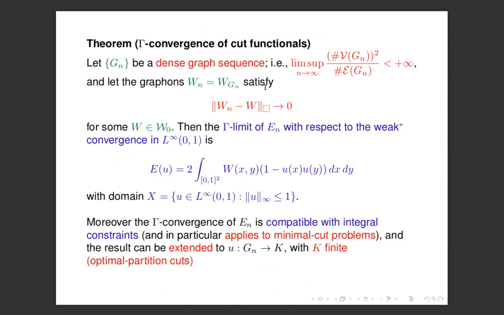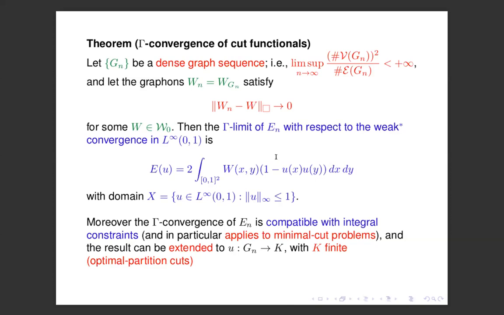So this theorem says that we can define a limit of graphs, of dense graphs, as the number of nodes goes to infinity. This limit, up to relabeling, we can think of as a limit in the cut norm. The limit is a graphon, so it's a function defined on [0,1]^2 to [0,1].